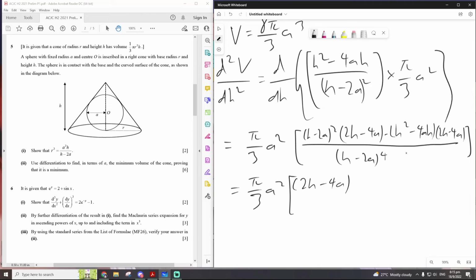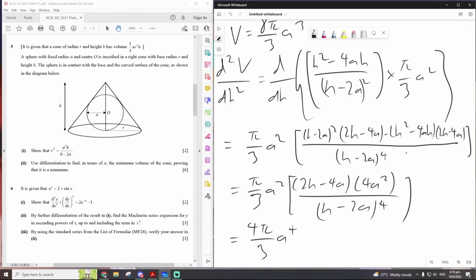So you're just left with the 4a squared. Okay. Divide this by h minus 2a to the 4th power. And this can be simplified further. This is 4 pi over 3 a to the 4th power. Actually, I'll bring out the 8 because there's an h minus 2a here.